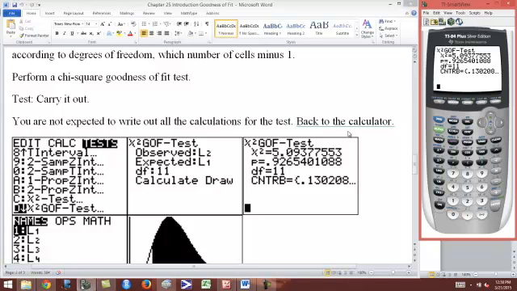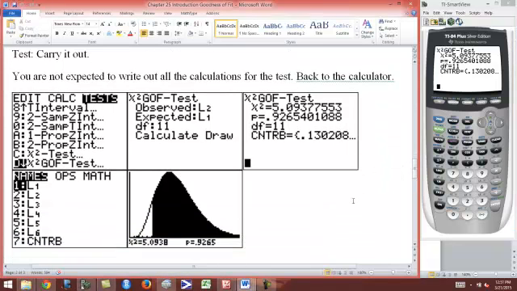Here's the chi-square statistic, which corresponds to the t-score and the z-score that I get from other tests. It looks pretty big, 5.09, but this is a skewed distribution that's one-tailed.